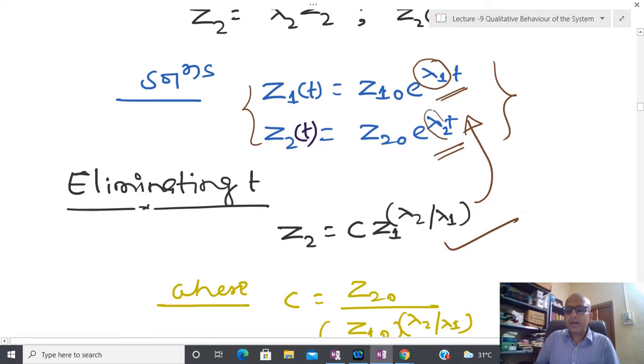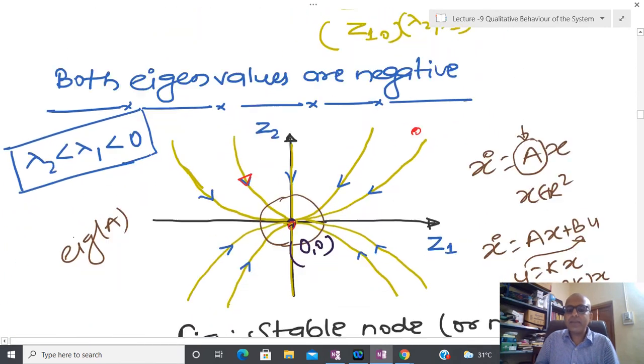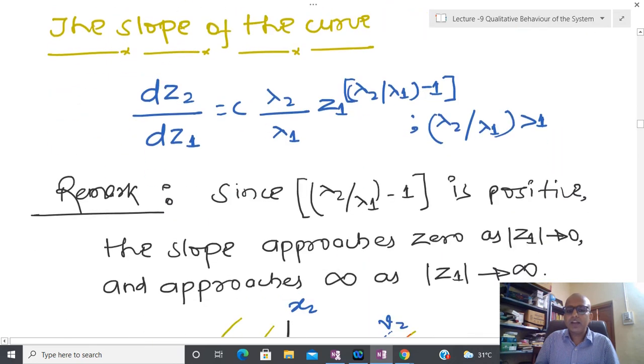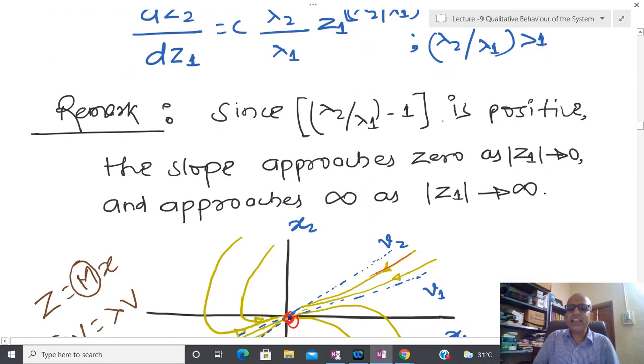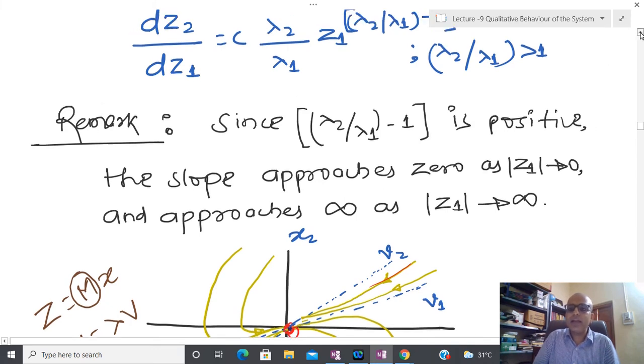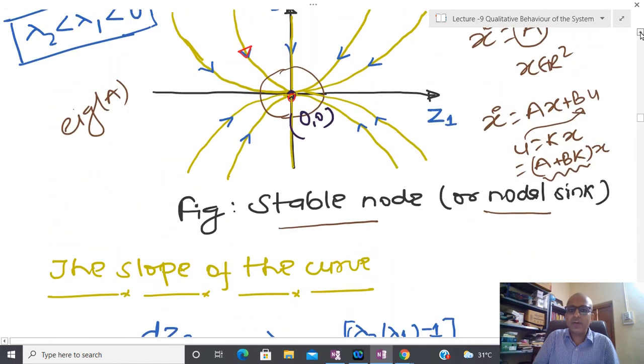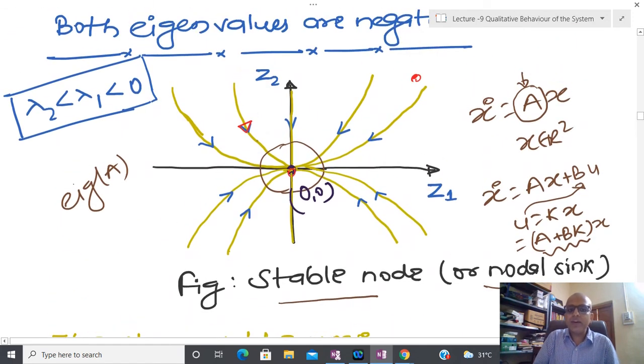What nature of curve can I decide from here? Suppose you remove the arrow; the nature of the curve remains like this as z1 tends towards 0, and the slope approaches 0 as z1 tends towards 0. I am not talking about direction, because whenever we draw a curve we do not show the direction.